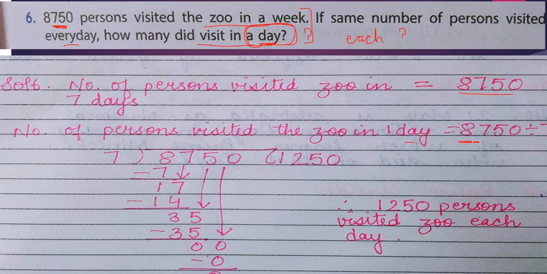So you will divide by 7, and it is very, very easy, right? You only have to see that if they have given the information about people visiting the zoo in 1 week, we can say 8,750 persons visited the zoo in 7 days, because we know 1 week has 7 days.